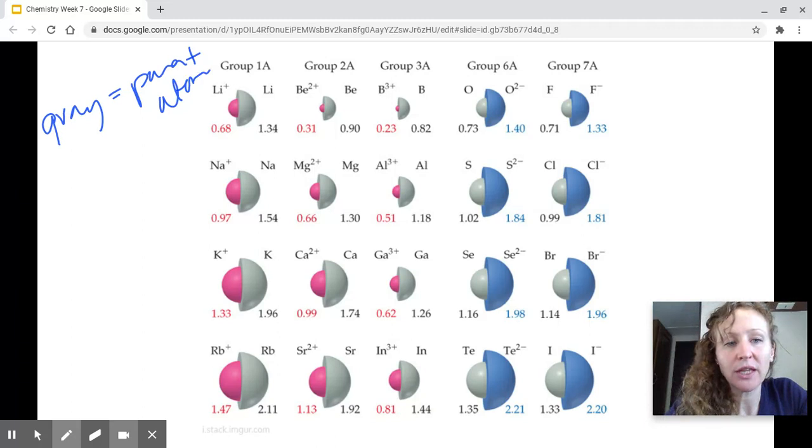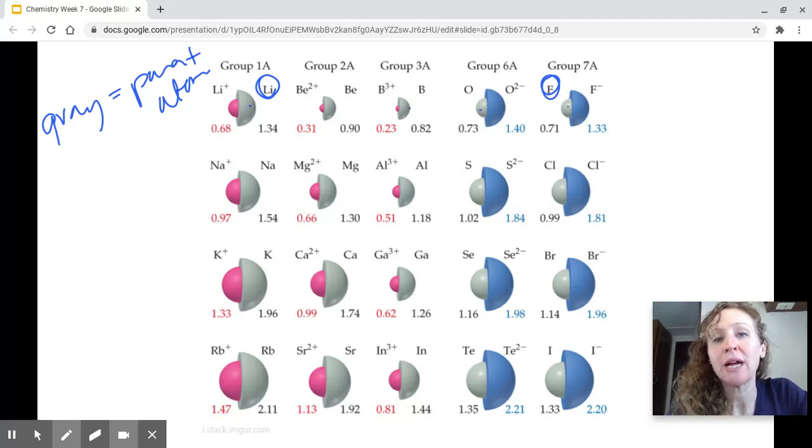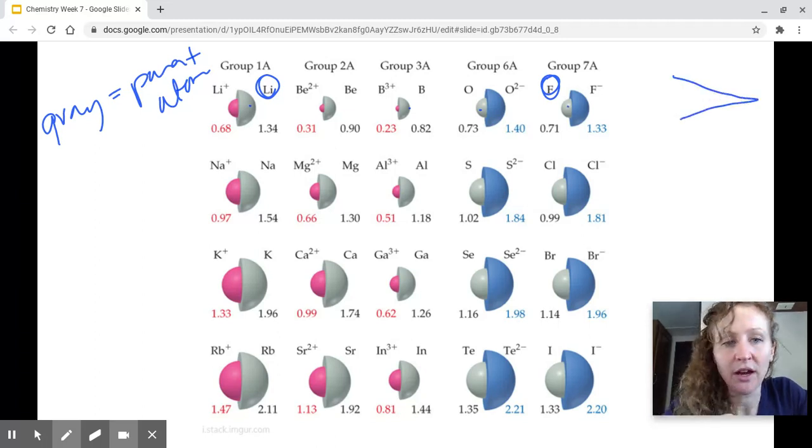Notice that from lithium to fluorine, right? Gray, gray, gray, gray, gray. We see our atomic radius trend getting smaller. Our atomic radius of our parent atom starts big and ends small.